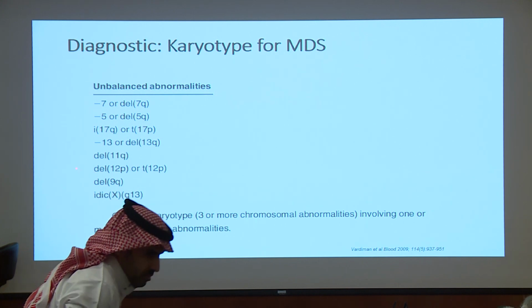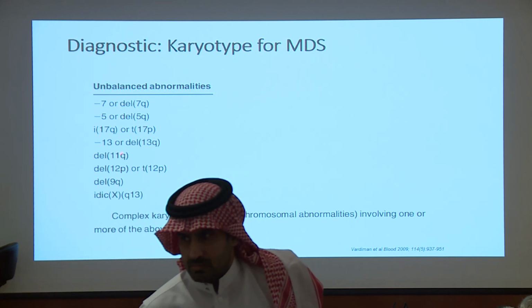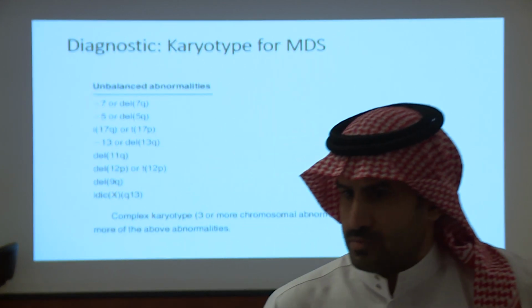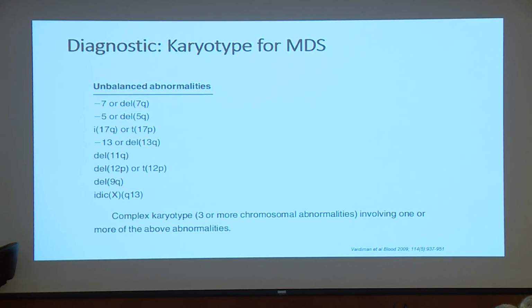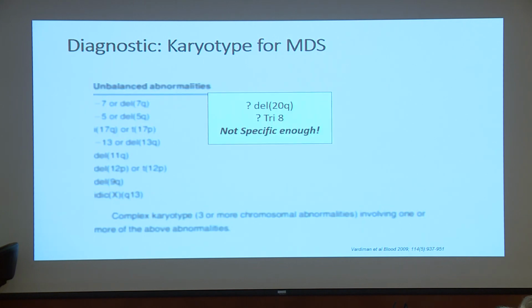And we can use these abnormalities, even if there is no dysplasia or significant dysplasia, as presumptive evidence to diagnose MDS. But as you can see, there are a few missing chromosomal abnormalities, which are common also in MDS, like deletion 20q and trisomy 8.